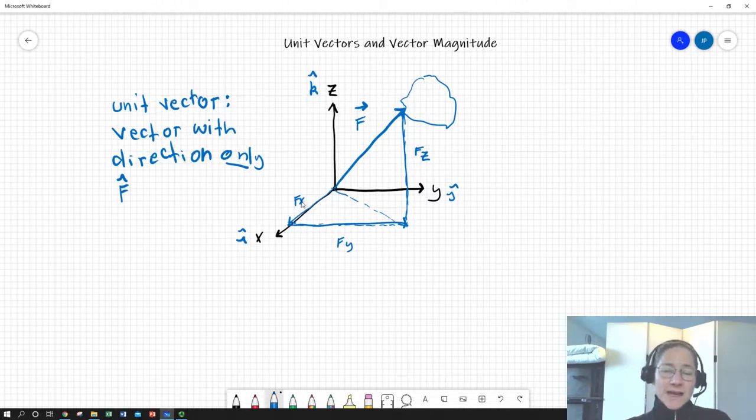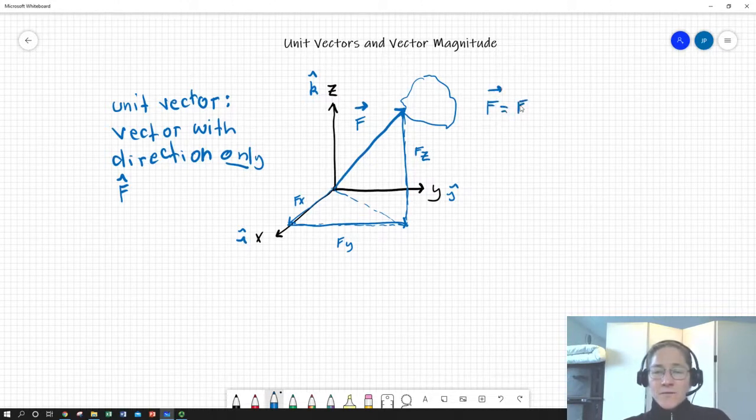Well, I can multiply this magnitude, because we're really talking about the magnitude of a force, F sub x, by unit vector i, which has no length and no dimensions, but it'll tell me that this is pointing in the x direction only. Same thing with F sub y and F sub z. Now I can add those components and get my full vector.